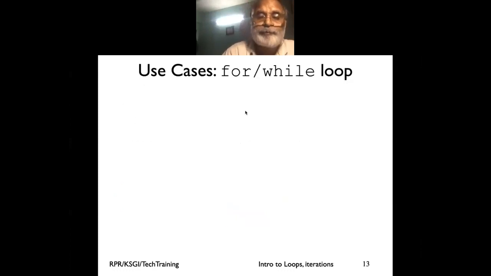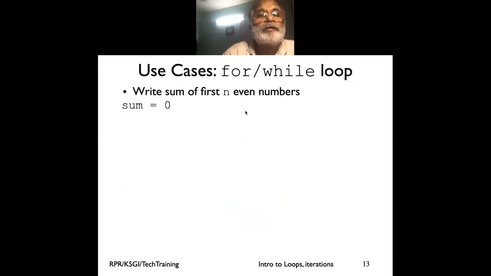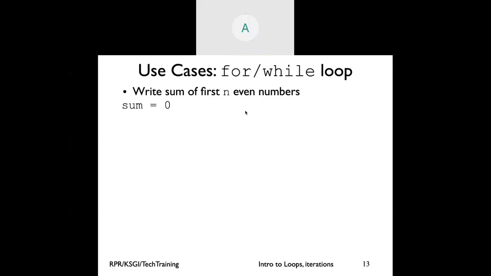Okay. Now let's look at: write the sum of first n even numbers. Now, should I use a for loop or should I use a while loop? So for loop, because I know it is n even numbers.